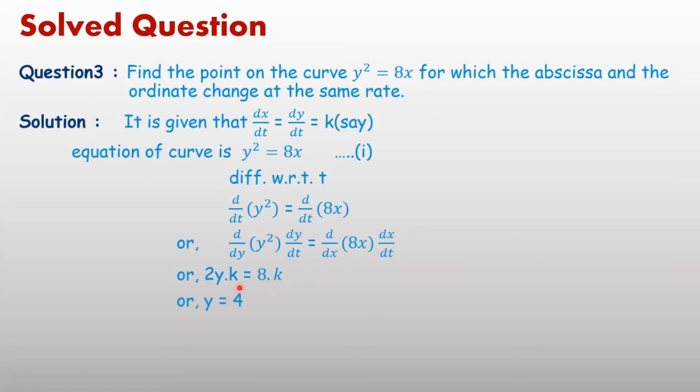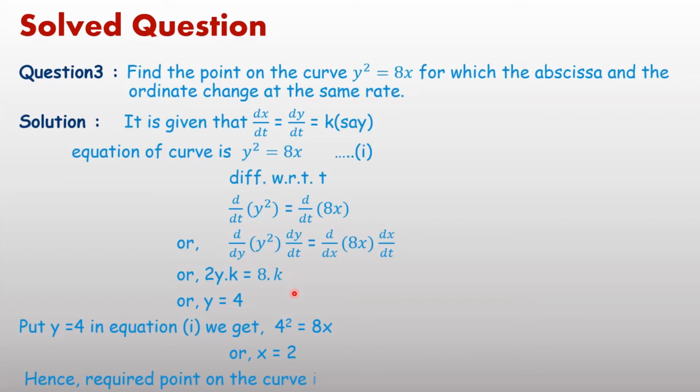Now k cancels out, y equal to 4. Put y equal to 4 in the first equation, you will get 4 square equal to 8x or x equal to 2. Therefore, the required point on the curve y square equal to 8x is (2, 4), for which the rate of change of abscissa is the same as the rate of change of ordinate.